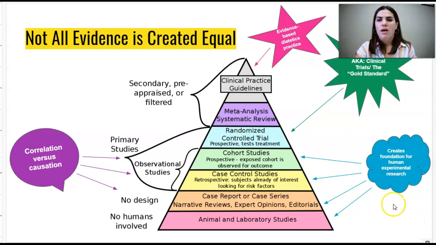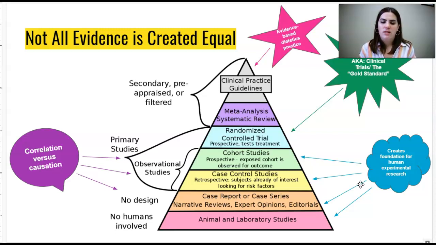So while the gold standard for research is this randomized controlled trial, and they help to form the basis for systematic reviews and clinical practice guidelines, each of these study designs has an important role in establishing a good base of well-rounded evidence on a specific topic. And at the end of the day, that's what's important.